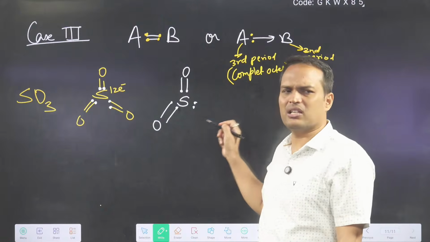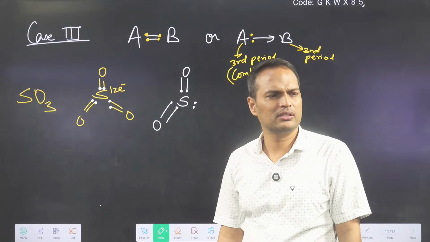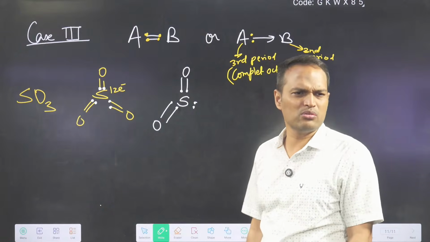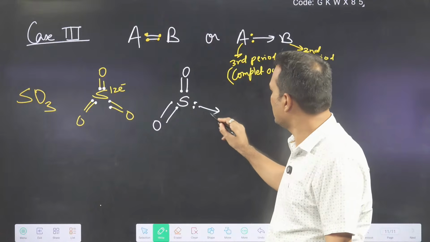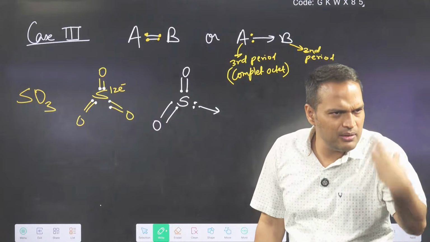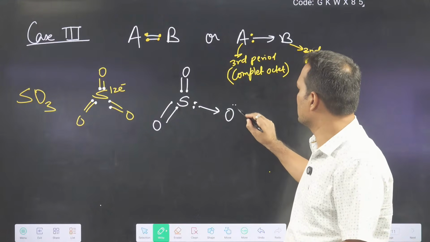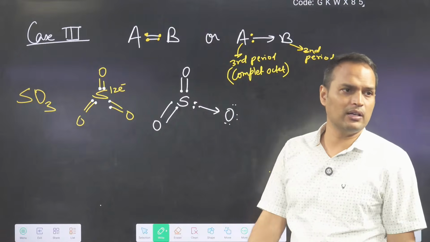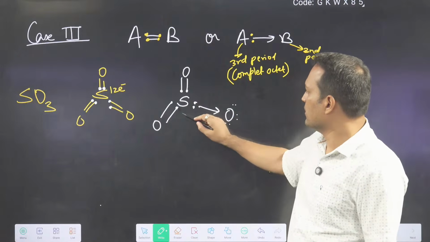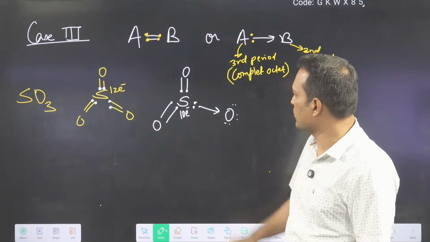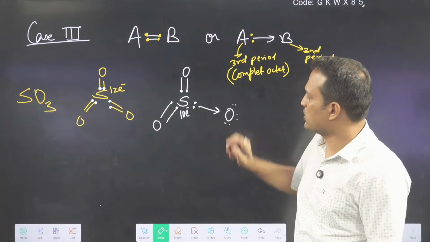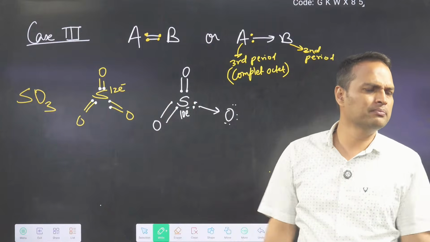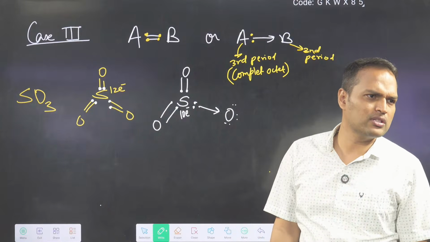If I share this equally, I will become 12, but what is the use? I am already completed octet. Now it will do charity. It will share both its electrons with the oxygen. Not equal sharing, unequal. Oxygen octet completed, but sulfur is now 10 electrons only, 8 plus 2. But still no problem. Octet is complete for sulfur.